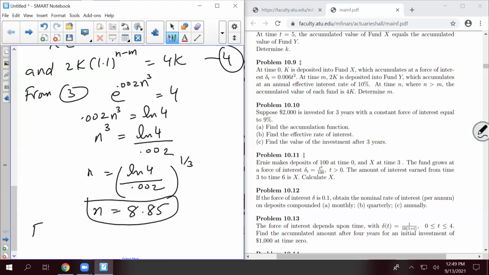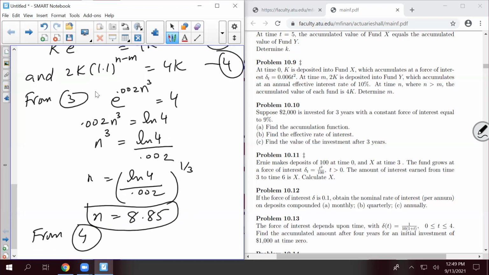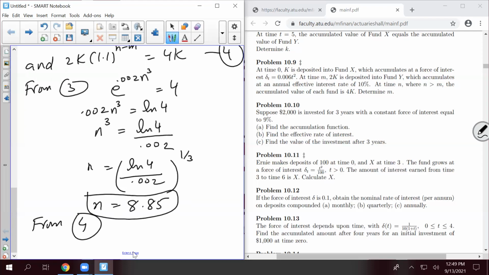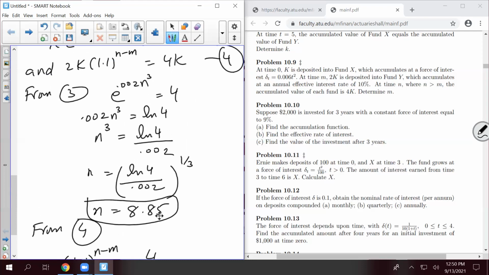So from 4, we can divide out by k. So we get 2 times 1.1 power n minus m is equal to 4. Yeah, divide both sides by k.